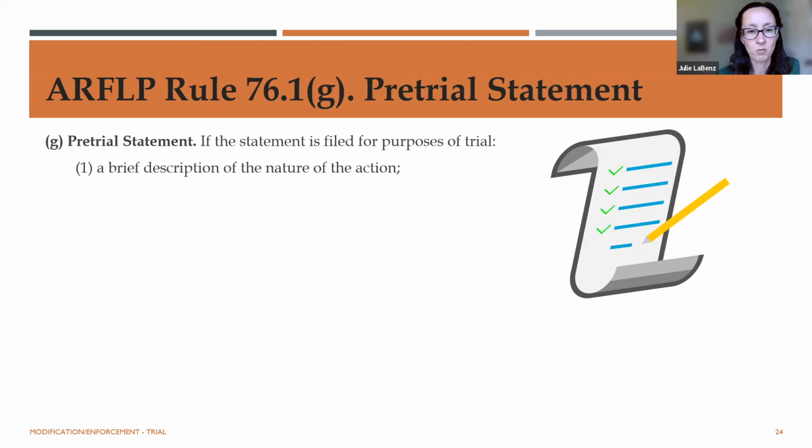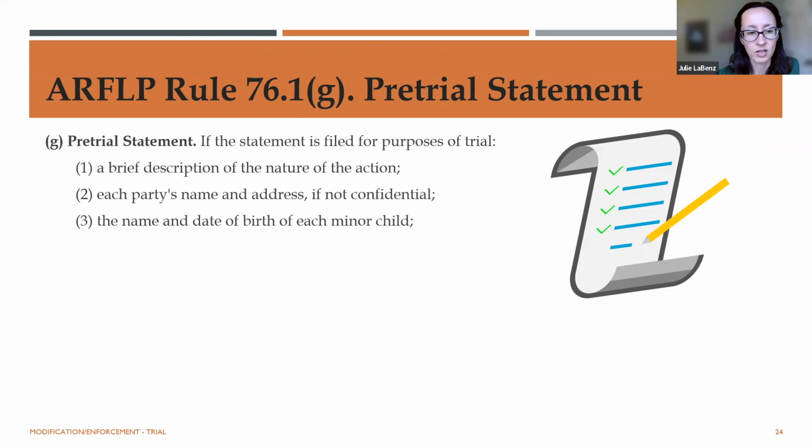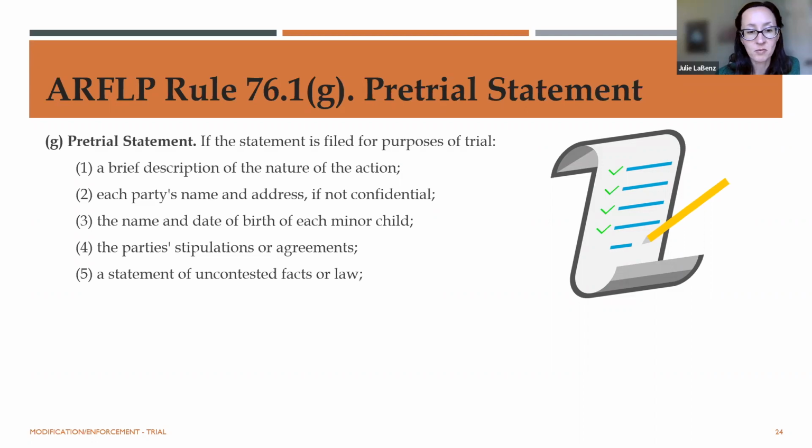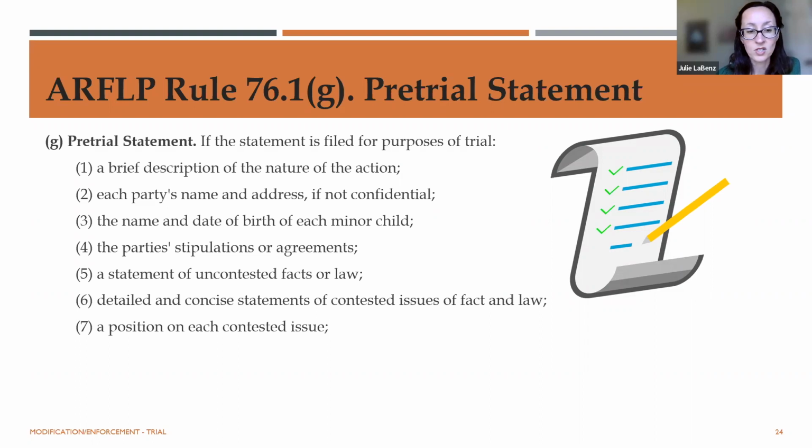So there's a description of the nature of the action, each party's name and address, if not confidential, the name and date of birth of each minor child at issue in the enforcement or modification matter, any stipulations or agreements the parties have reached, a list of any uncontested facts or law, a detailed and concise statement of the contested issues of fact or law, and then your position on each contested issue.